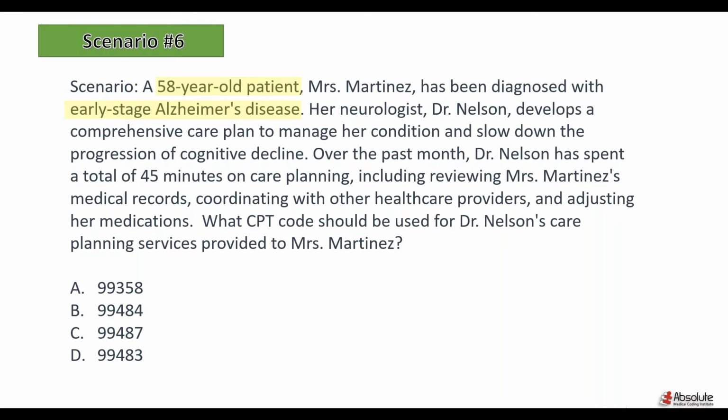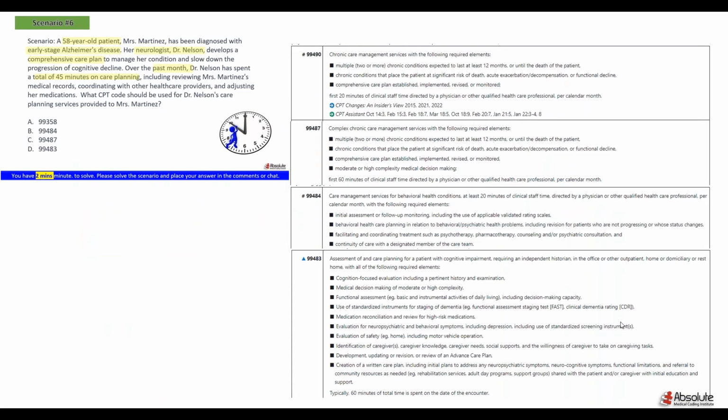So, 58-year-old patient, early-stage Alzheimer's disease, neurologist Dr. Nelson, comprehensive care plan, past month, a total of 45 minutes of care planning, and that's all we have. And these are our code options. Let's look at what 99487 is coding for.